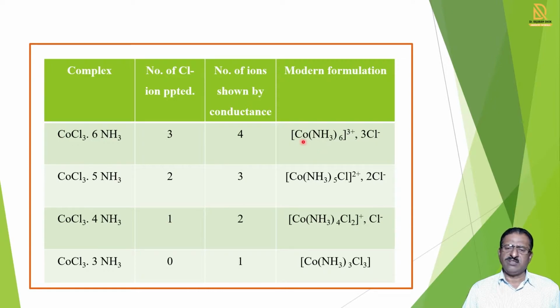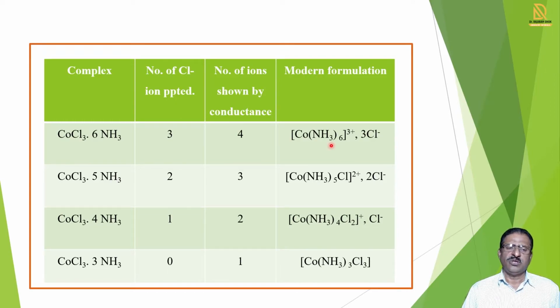Cobalt has +3 oxidation number. To balance that +3 oxidation number, 3 Cl- ions are attached. Cobalt has coordination number 6. To balance that coordination number 6, 6 NH3 ligands are attached.